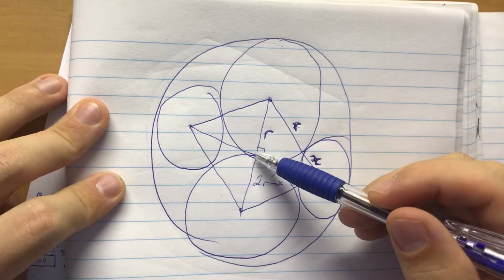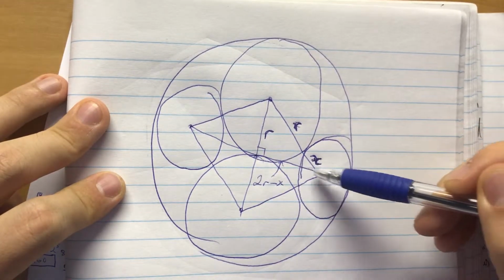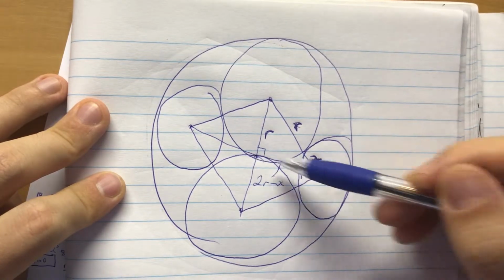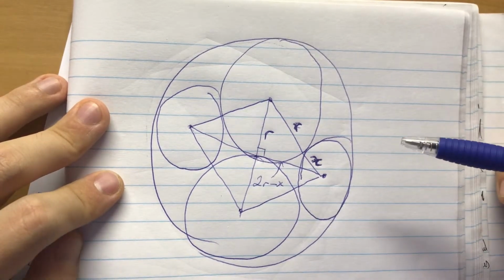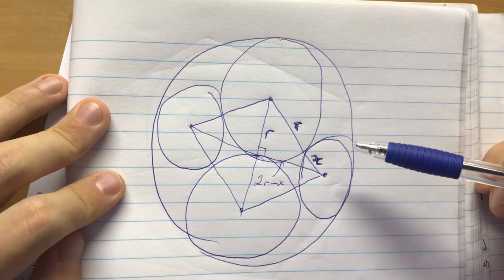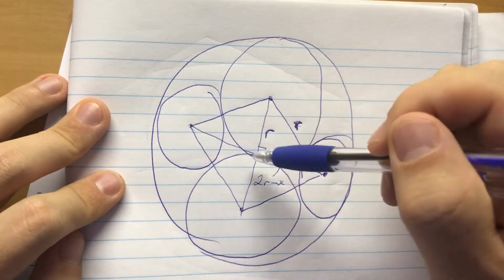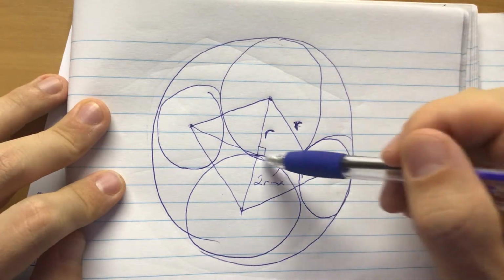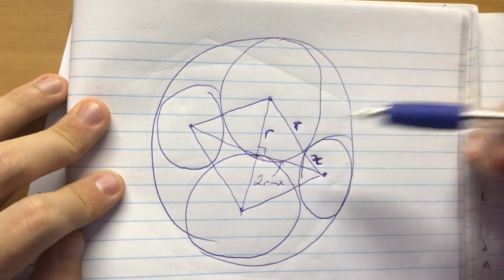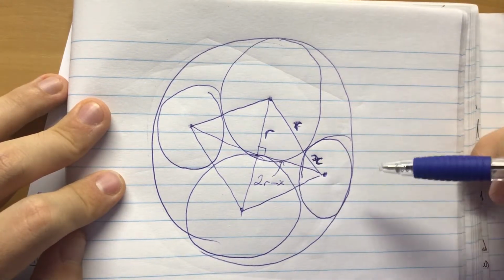So if you know that this has to pass through the center, then these are going to be radial lines to the other center of the circle. So, I mean, this whole radius here is 2r, but it was given in the question, and so this part is going to be 2r minus x.